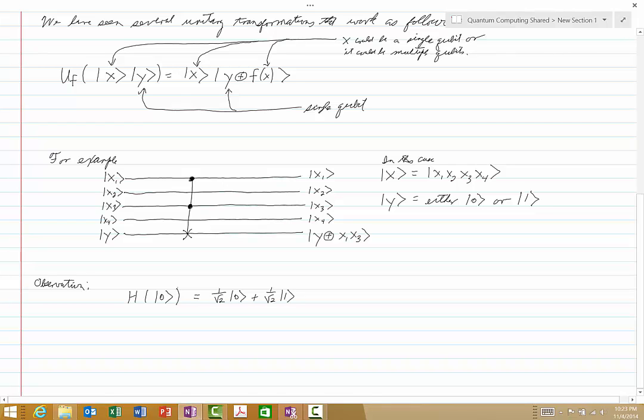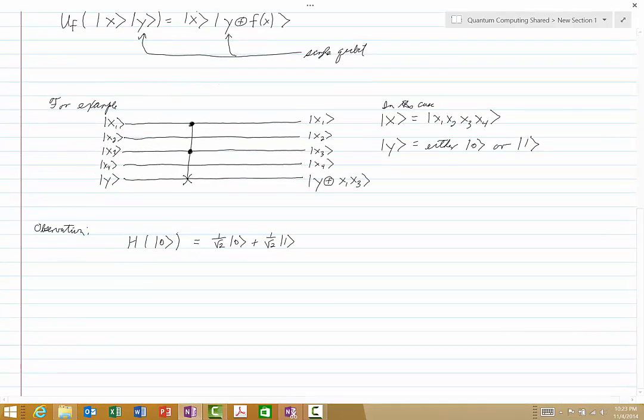In other words, we're operating on just a single element of the standard basis for 1 qubit states, but we obtain an answer that is a superposition of all of the elements in the standard basis for 1 qubit states.